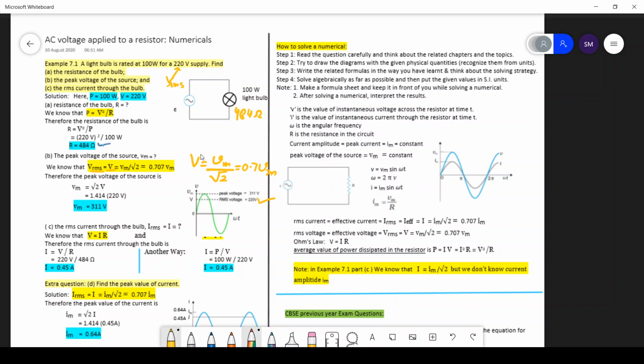So this peak voltage is this maximum voltage. So this M is maximum. Some of the time we also write it as V naught. So maximum voltage divided by root 2. So 1 by root 2 is 0.707.